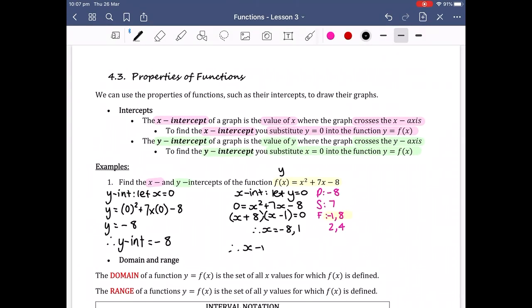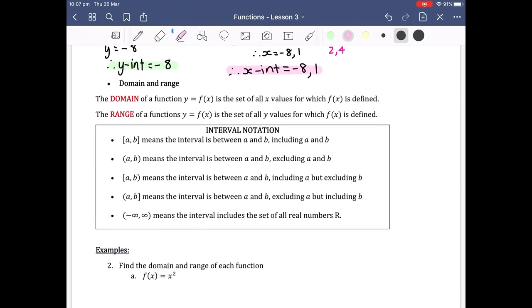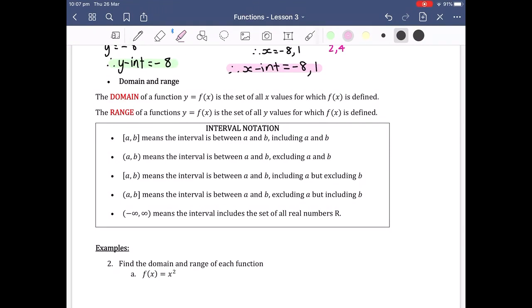Therefore, x will equal minus 8 and 1, and therefore our x-intercepts equal minus 8 and 1. So we have answered our question: our y-intercept equals negative 8 and our x-intercepts equal negative 8 and 1.